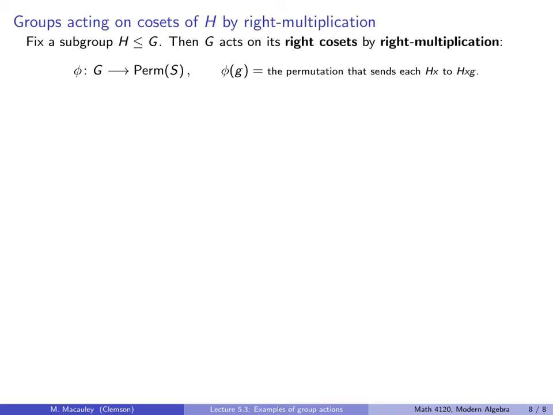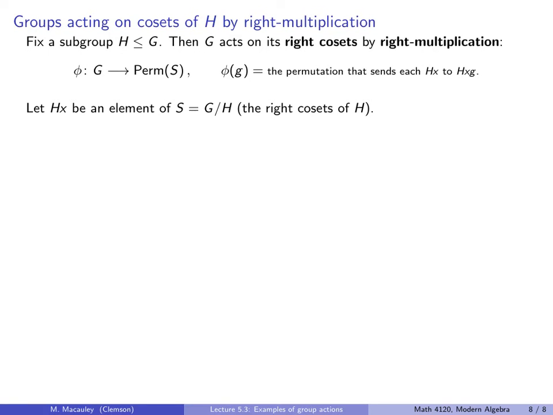And pressing the G button, so phi of G, is the permutation that sends each right coset hx to hx times G. Okay? So first of all, there's an obvious analogous left group action where you send left cosets to left cosets. Just put these things on the other side.